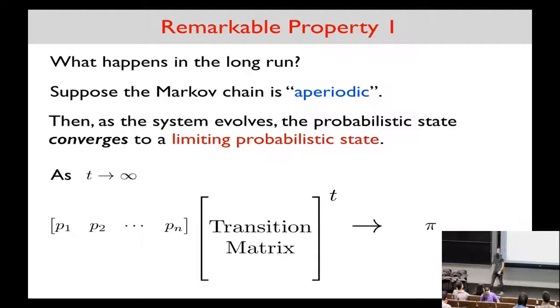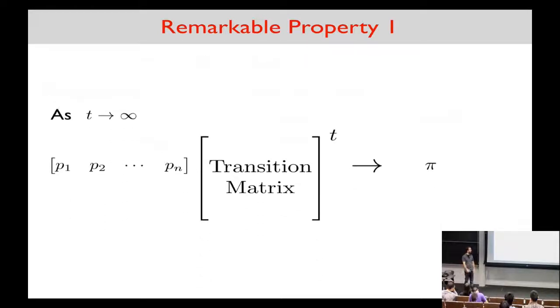This will converge to some fixed probability distribution, which we'll denote by pi. And this is going to be the same pi no matter what initial state you start with. And that's what's very interesting about it. Doesn't matter if you start in the first state or the 100th state or whatever state you want to start in. As t goes to infinity, the probability that you will end up in a certain state converges to a certain fixed probability.